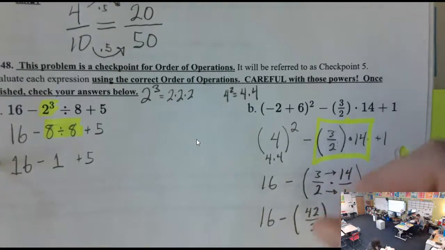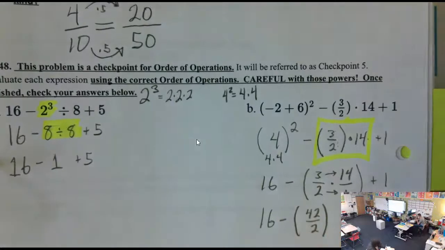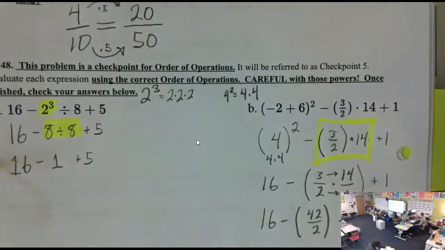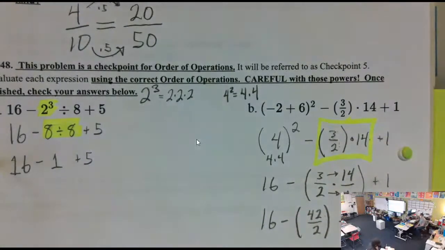And you can obviously use a calculator, so if that's wrong, somebody please tell me. And then we can do our 42 divided by 2, and then we can do our subtraction and addition. Vincent?